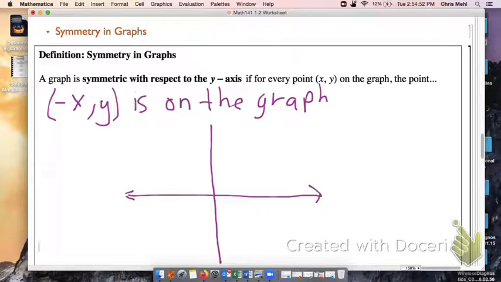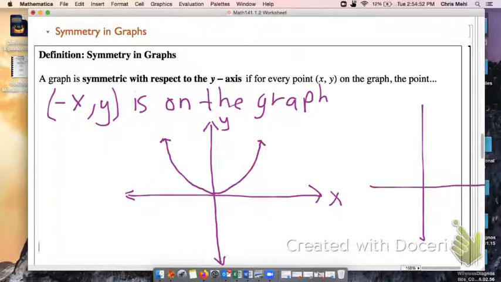So pictorially, here's what's happening, or graphically, let's say. Okay, so here's my set of coordinate axes. There's an x-axis and a y-axis. And, okay, I'll just draw the most standard graph that I can think of that's symmetric about the y-axis. It could be a circle, but I'm just going to draw something in the shape of a parabola. Again, it doesn't necessarily have to be a function, right? I'll even talk about a semicircle, or an entire circle.